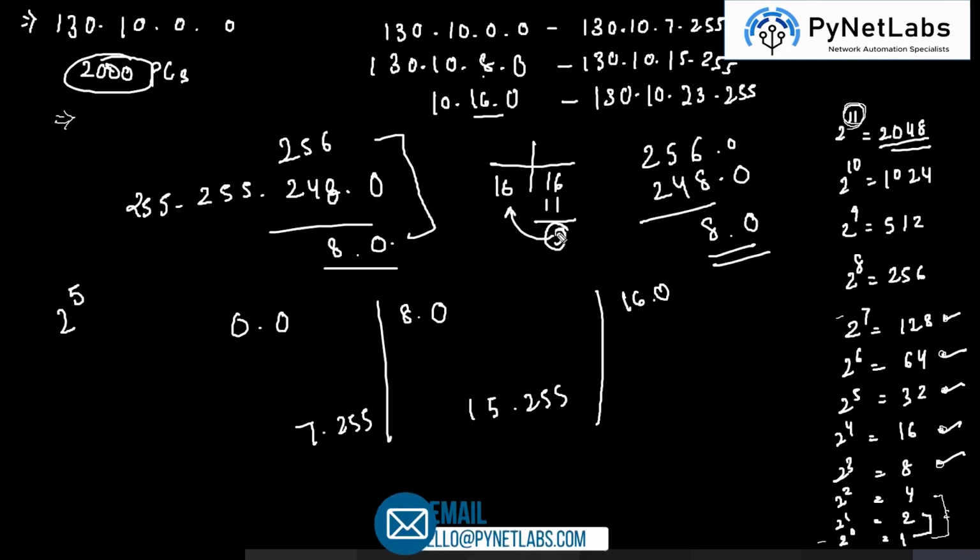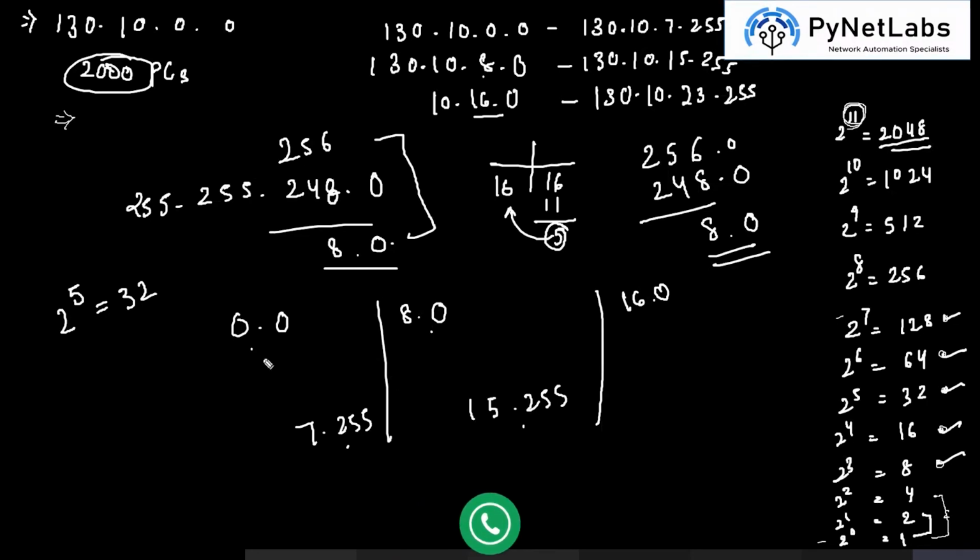So 2 to the power 5 gives 32. So if you keep creating ranges from 0.0 to 7.255, then 8.0 to 15.255, you can create 32 ranges of these IPs.